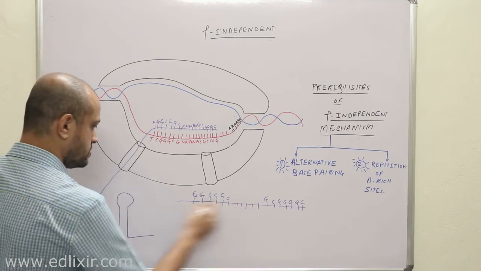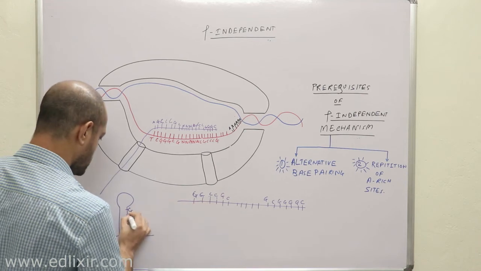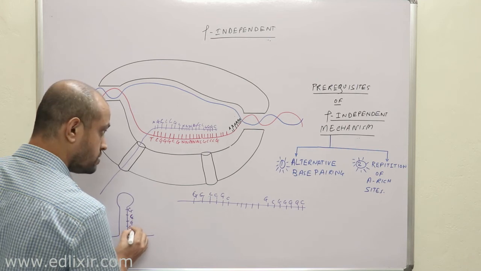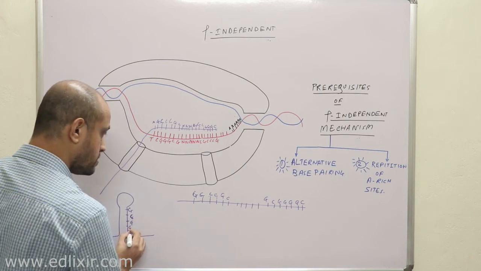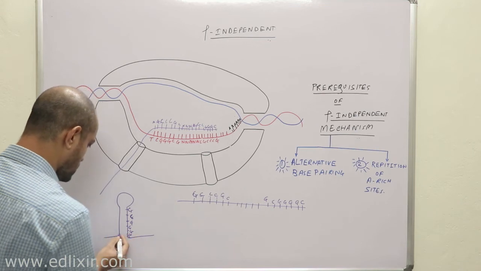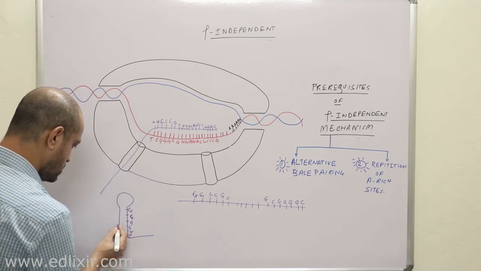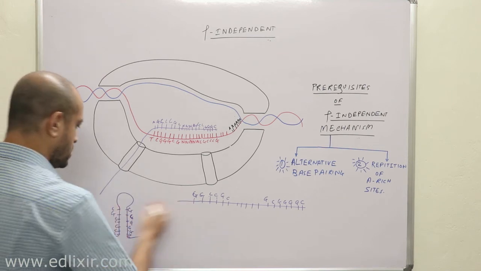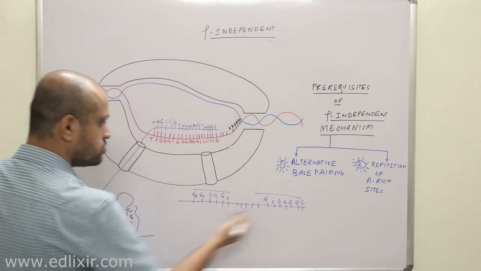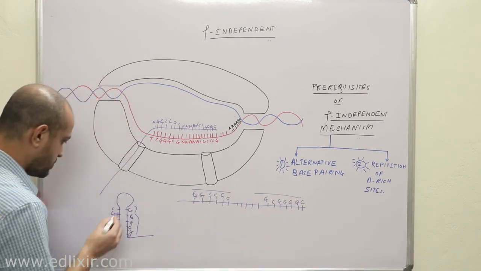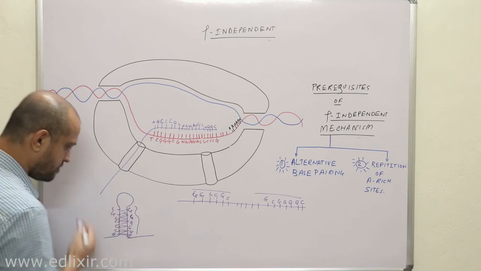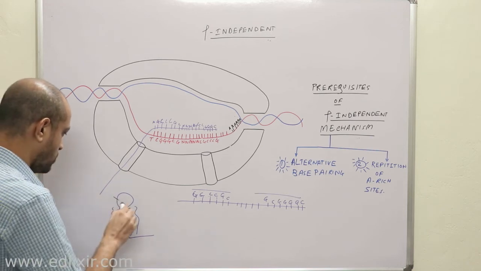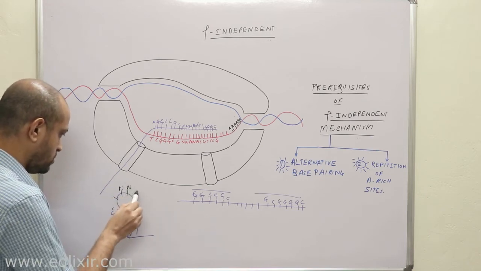Now there is G, then C, then G, G, G, G, C, and opposite to C there will be G, C, C, C, C, G, C. You will get these things here and here. That means these two are complementary to each other. Therefore, they will have hydrogen bonds. Now, an important point you need to understand here is this: this loop consists of all N nucleotides, that means any nucleotides.